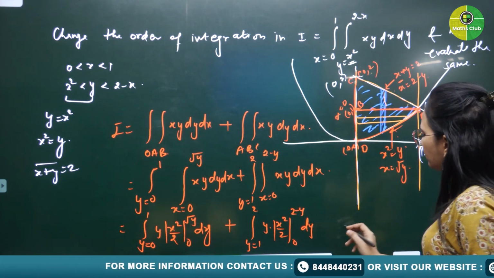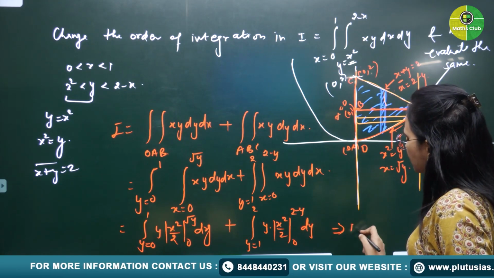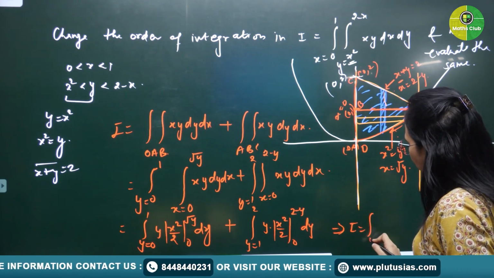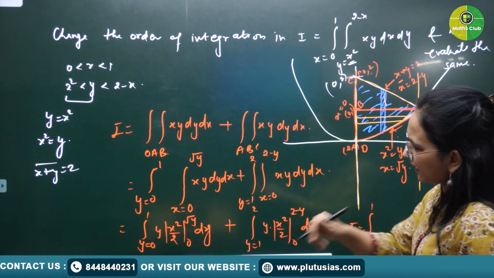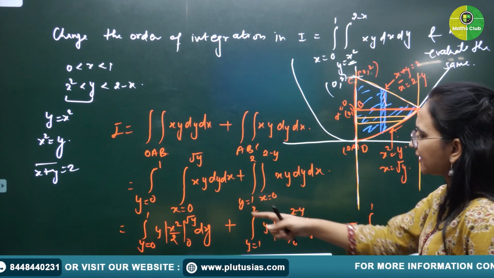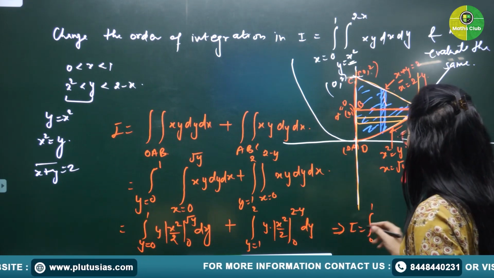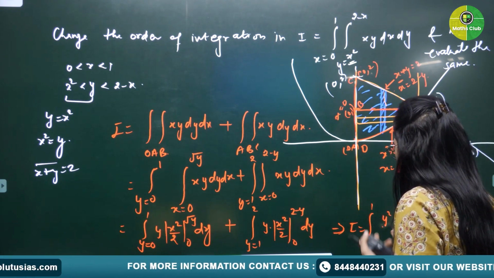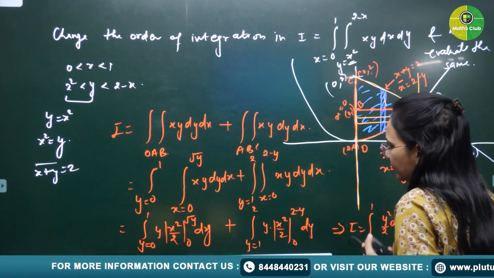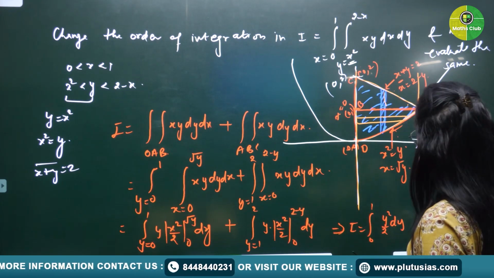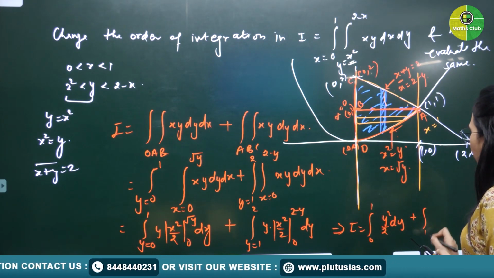So by putting values, we are getting I is equal to the integral from 0 to 1, y is left. Then if I put root y, that would be y raised to power 1 times y, which is y square by 2, and we have dy. Putting 0 gives 0, plus the second integral from 1 to 2.